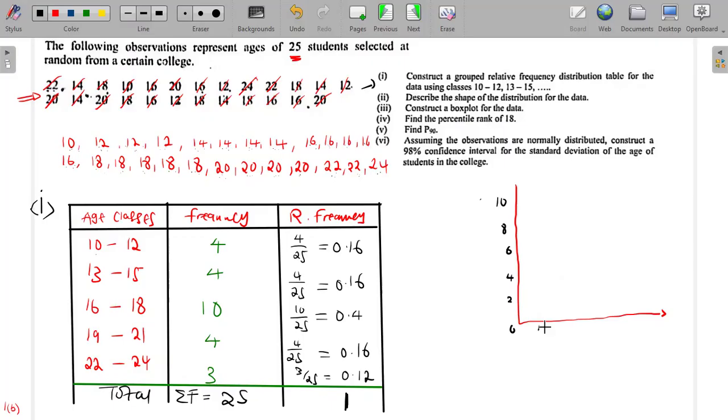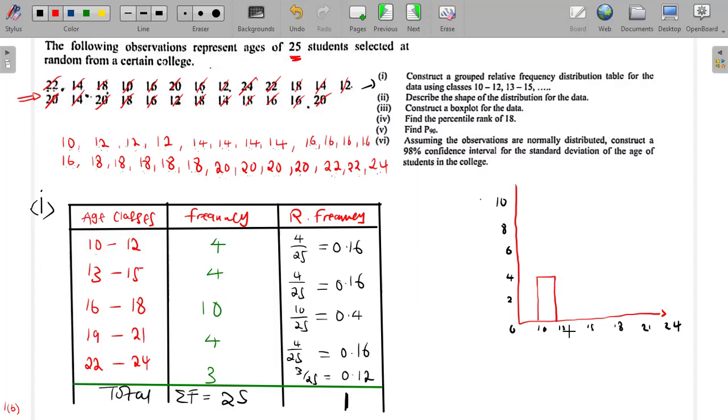But here I'm just going to say, 10 to 12, and then from there, we'll go to 15, 18, 21, and then 24. Just to help me have an idea of what this shape looks like. So from 10 to 12, I go up to 4.